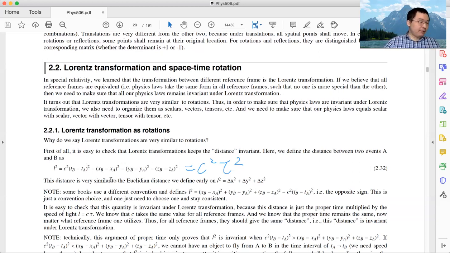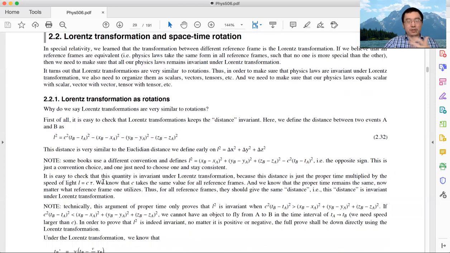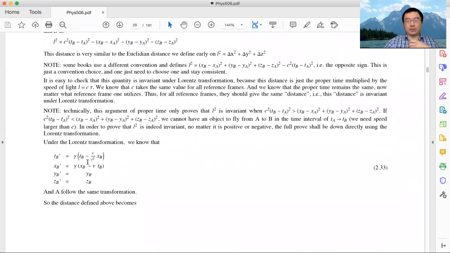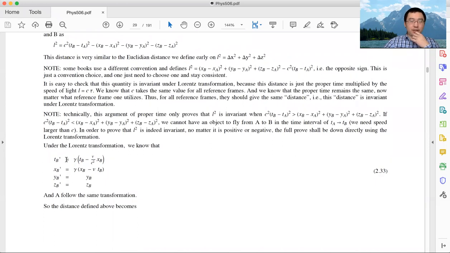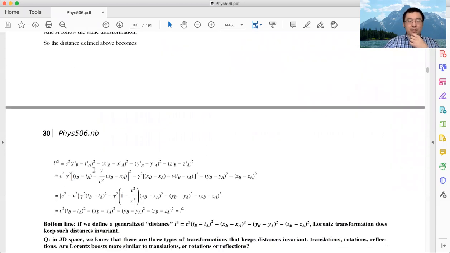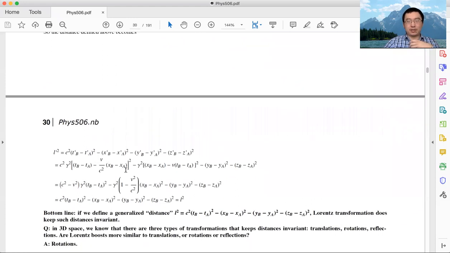But it turns out that for space-like events, this object is also invariant under Lorentz boost. To rigorously prove that, we just need to utilize the Lorentz transformation. We know how the B coordinate transforms under Lorentz transformation, and we know how the A coordinate transforms, and we just plug that in. I will not go through the detail.